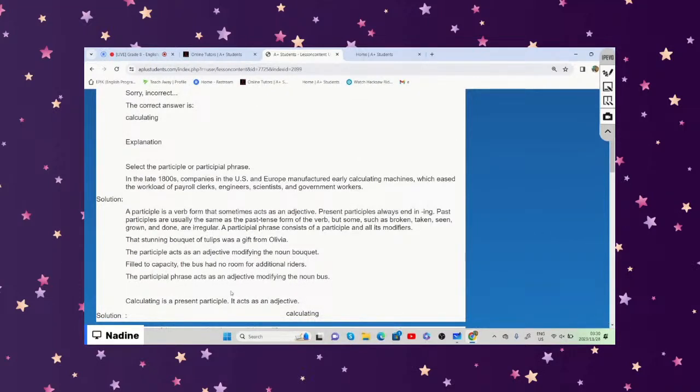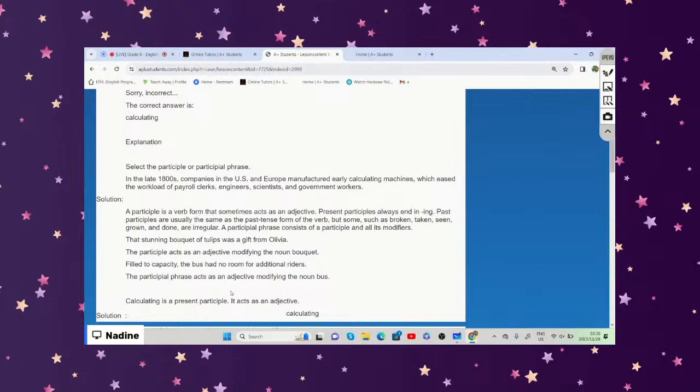And we said a participle is a verb form that sometimes acts as an adjective. Remember, it is not necessarily an adjective, it just acts as an adjective. And remember, we said that an adjective either tells us about the noun or modifies the noun. So if a participle is a verb form that sometimes acts as an adjective, then it modifies the noun.